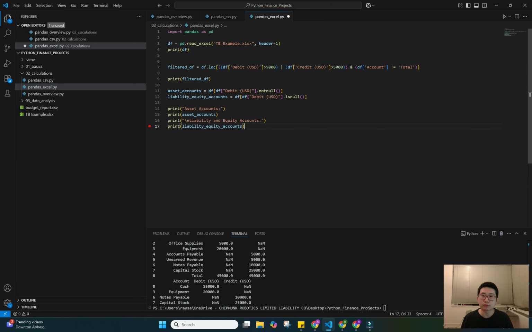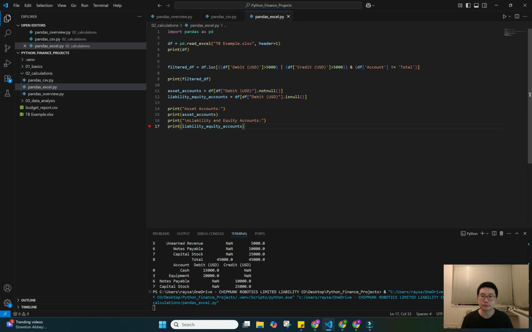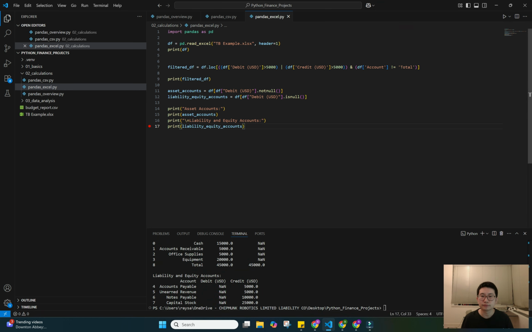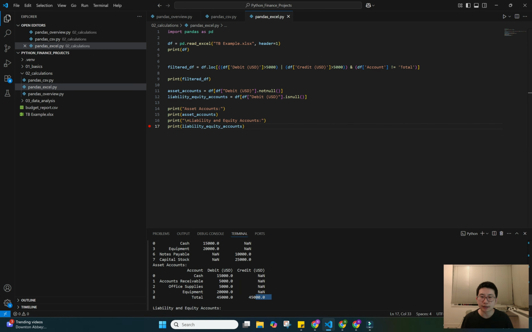With this, let's run our program to see whether it can separately print out asset accounts and then separately print out liability and equity accounts. Let's run our program. And you see the liability accounts are all identified here, and the debit accounts are all identified here.